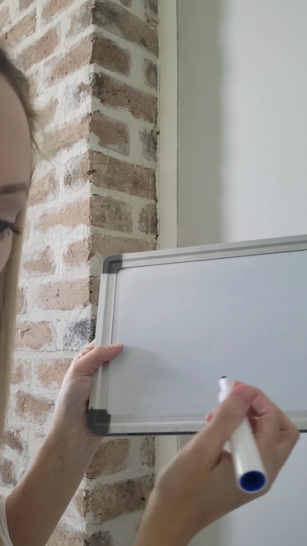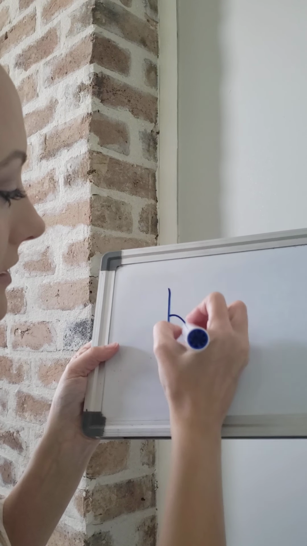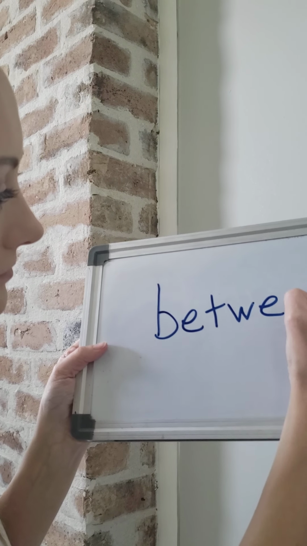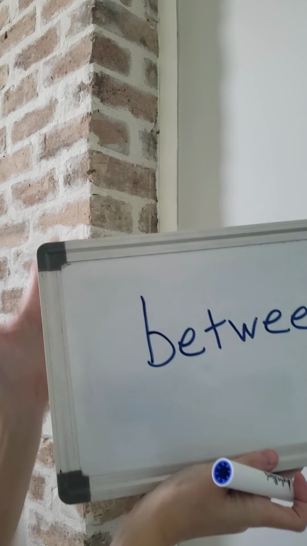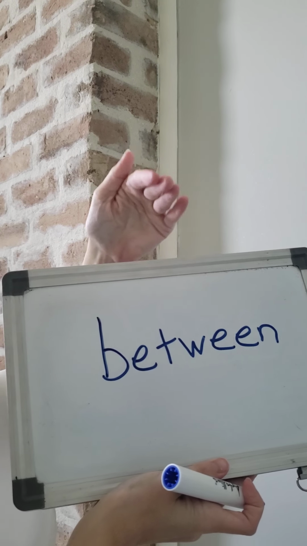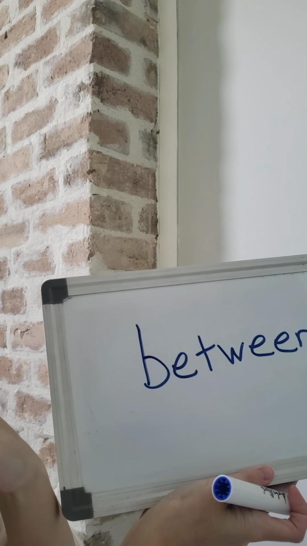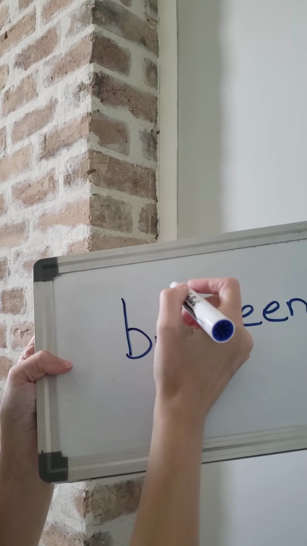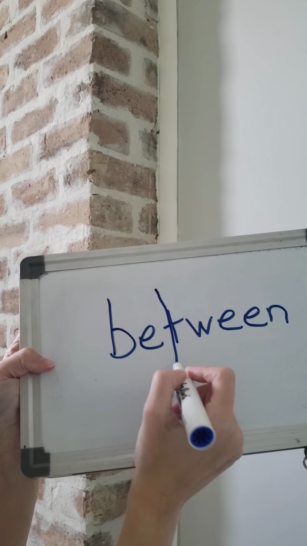Okay, we're going to look at the word between. Again, we've got E's in both the first and the second syllable in this word. Say it, put your hand under your chin if you need to. Between. Our break is after that E, okay? Between.